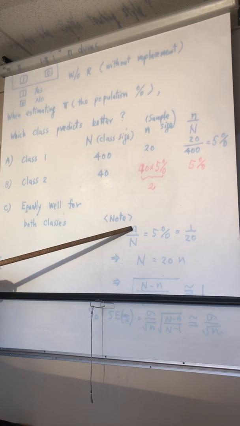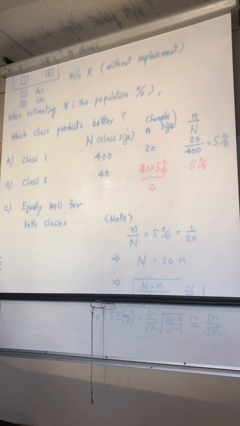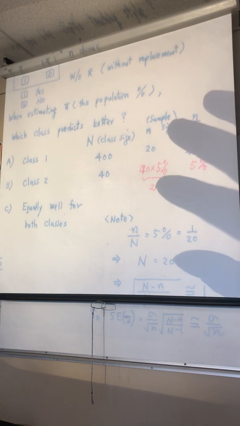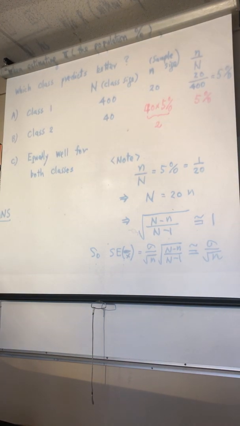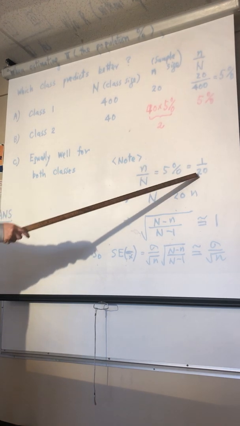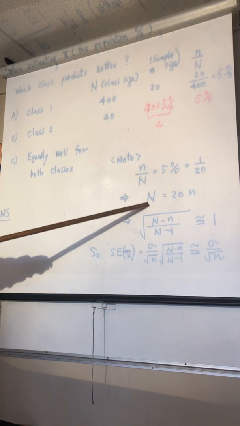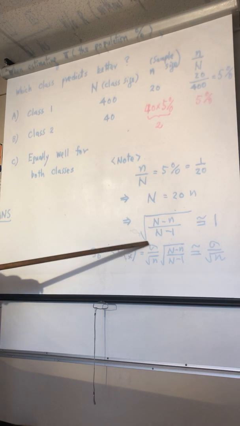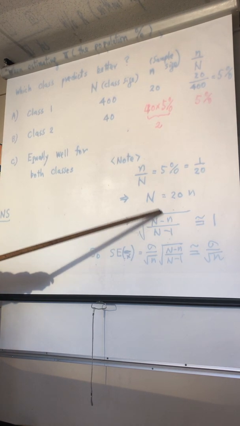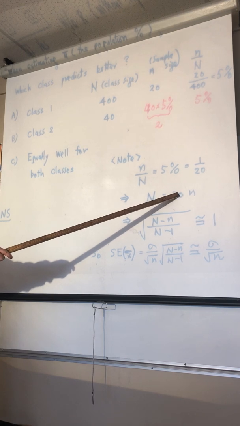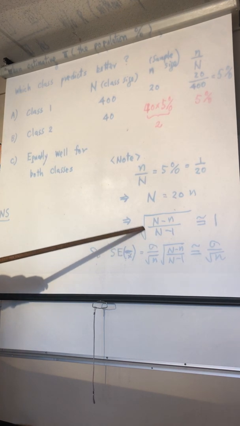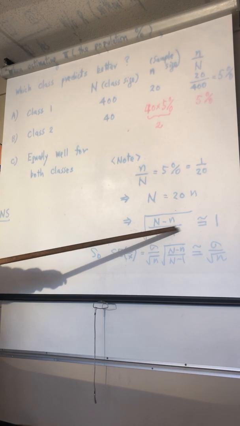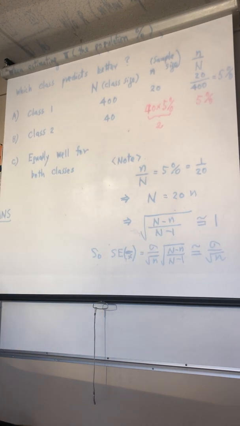Note, little n over capital N is 5%. That means this ratio is 1 over 20, which is precisely that the population size is 20 times bigger than the sample size. When the population size is 20 times bigger than the sample size, the finite population correction factor will be close to 1.